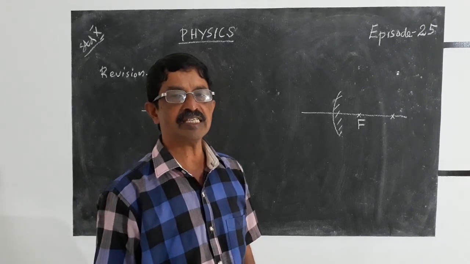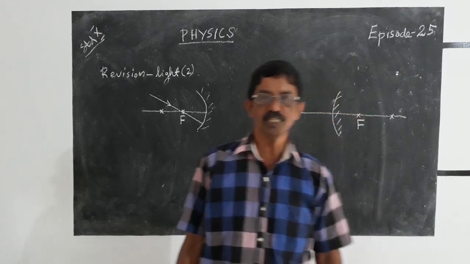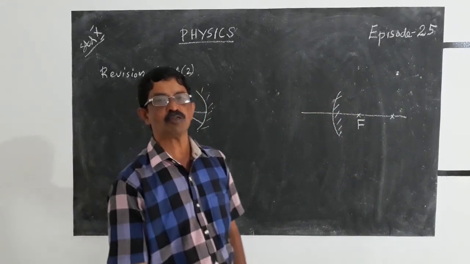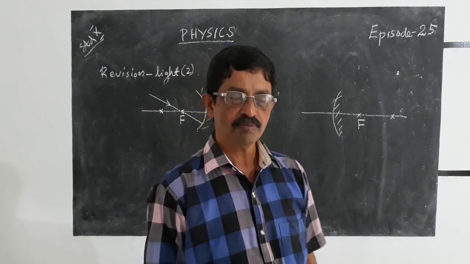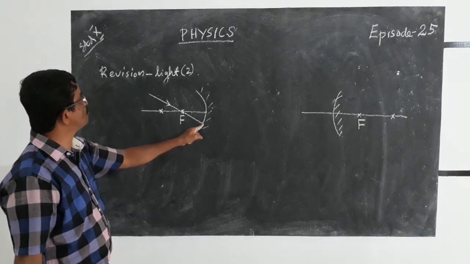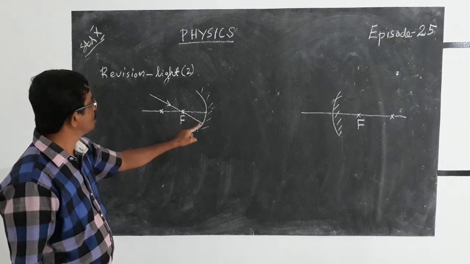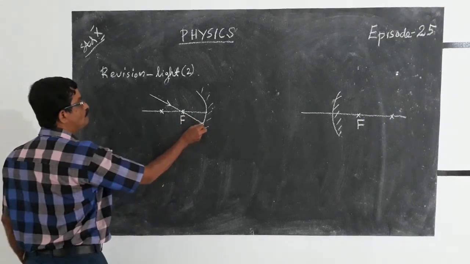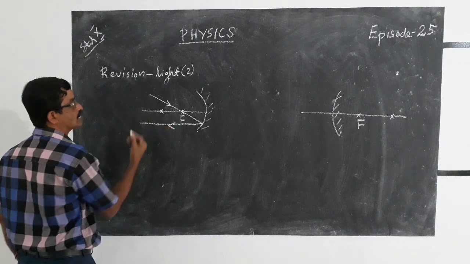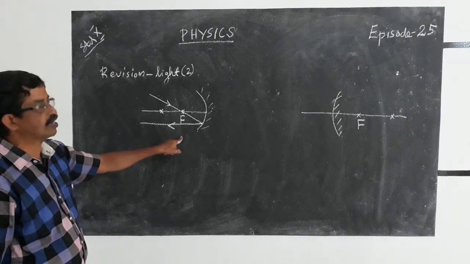Just before, we discussed a ray parallel to the principal axis which, after reflection, passes through the principal focus. Here the ray incident on the mirror passes through the principal focus. Then what happens to its reflected ray? The reflected ray becomes parallel to the principal axis.